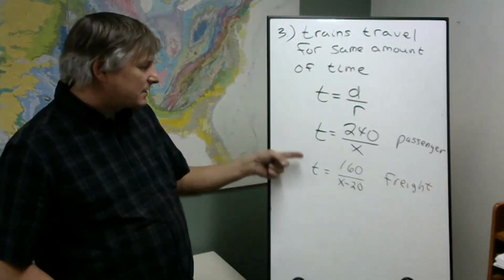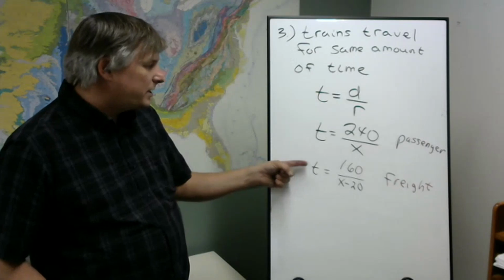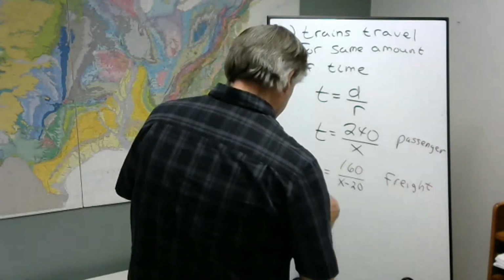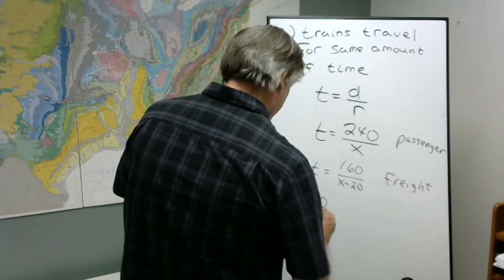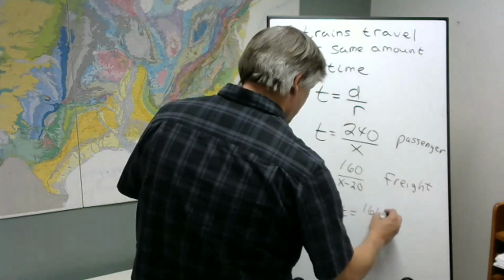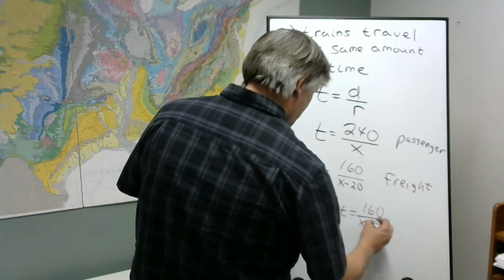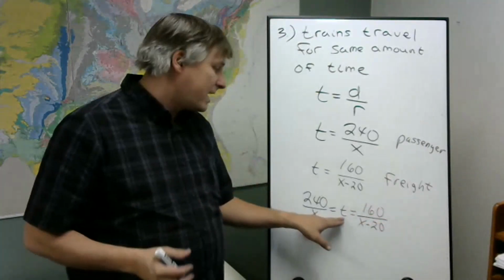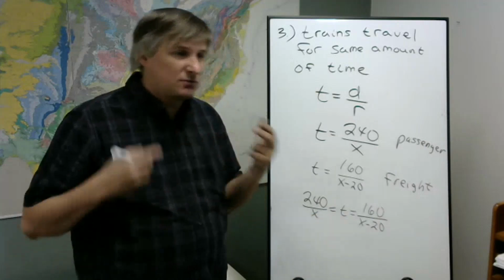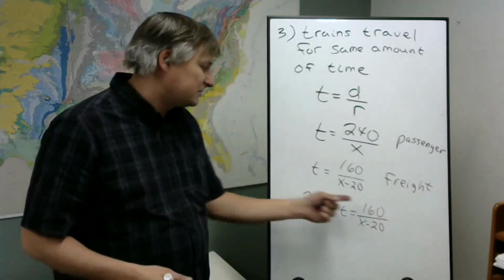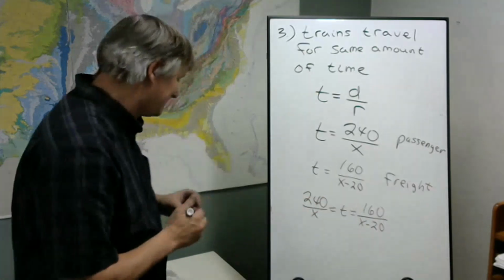So these are the same time, so we can equate these two using time. So 240 over x equals time, which is going to be 160 over x minus 20. And this is only true because we're told that they travel for the same amount of time, just one travels slower than the other, and so the faster one covers more distance than the slower one.